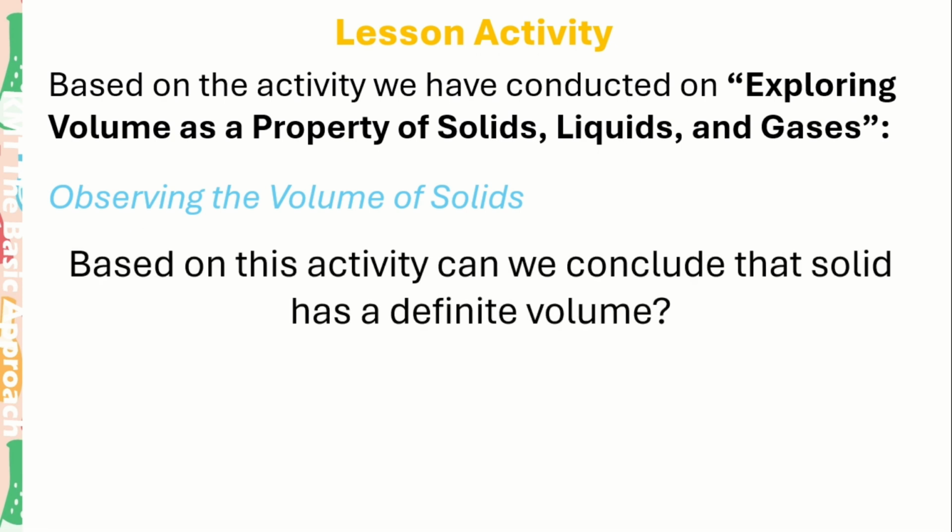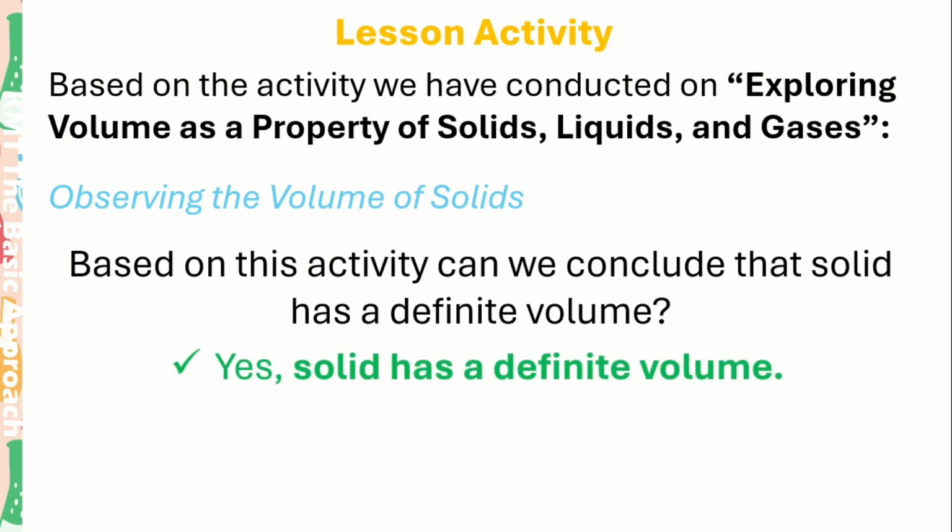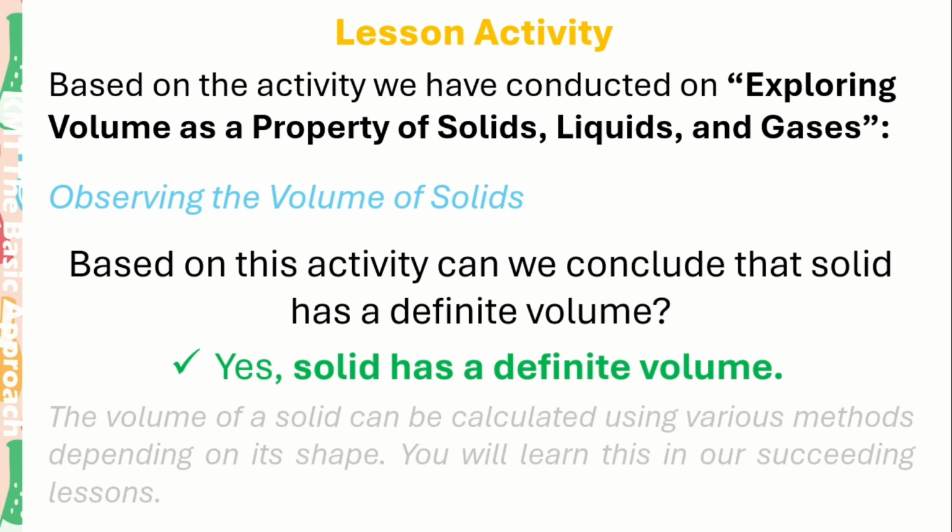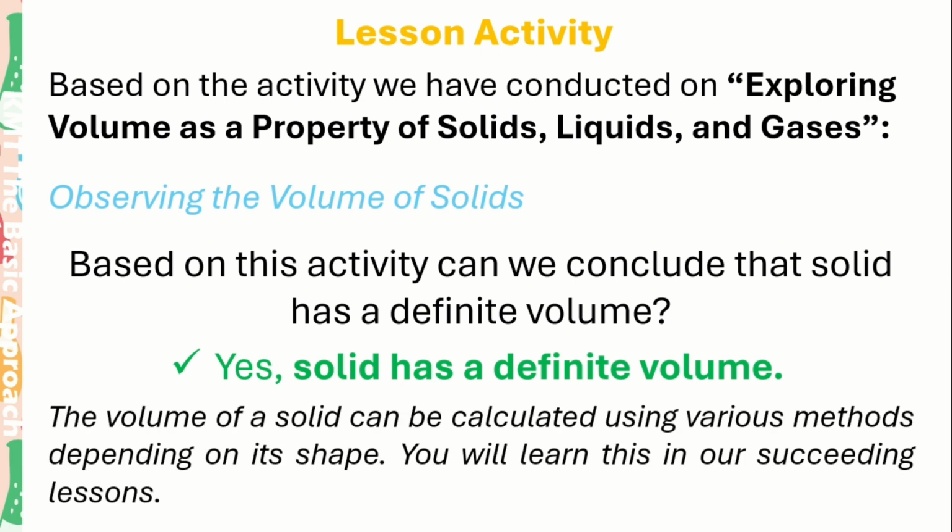Based on this activity, can we conclude that solid has a definite volume? Good job! Yes, solid has a definite volume. Take note that the volume of a solid can be calculated using various methods depending on its shape. You will learn this in our succeeding lessons.